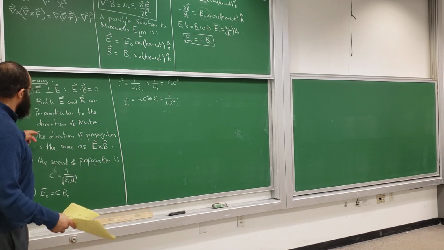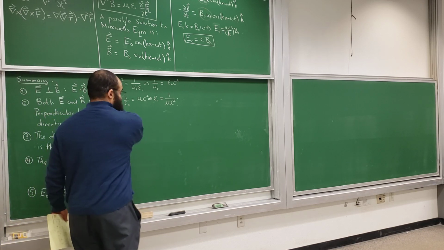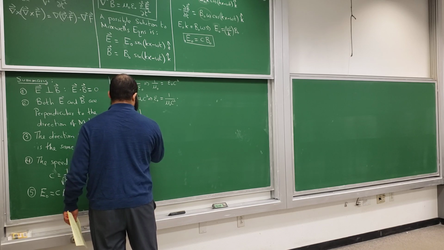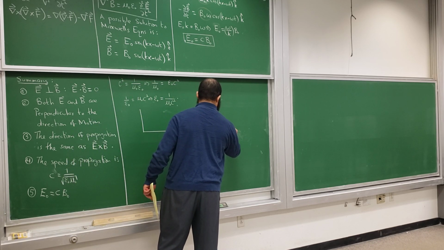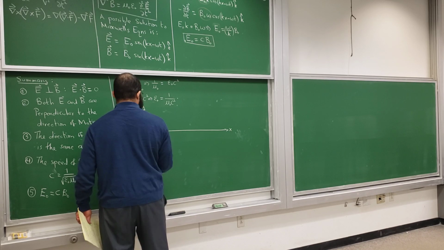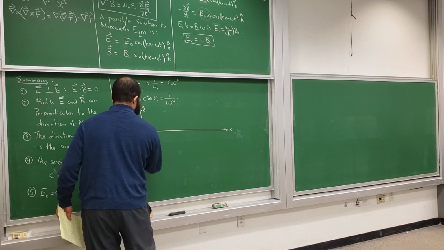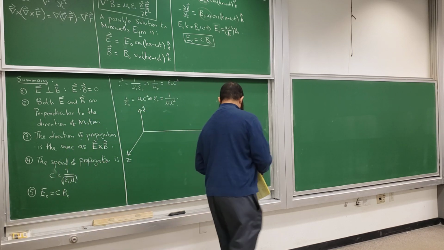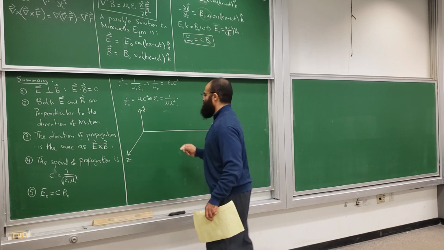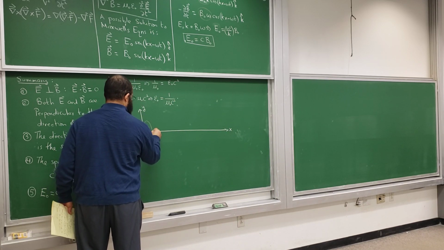I would need this a little bit just to get some visual of the direction of the electric and magnetic fields in this particular case. Here is the x direction, here is the y direction, and the z direction is sticking out, coming towards us. The electric field has a y component, so it looks like this.